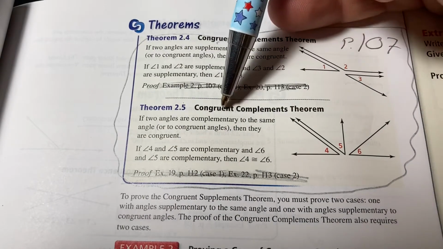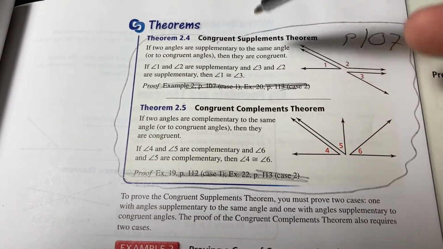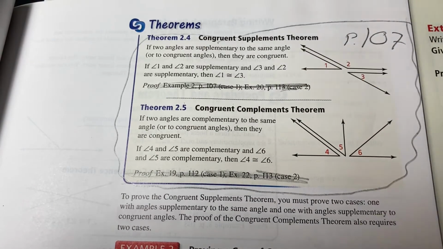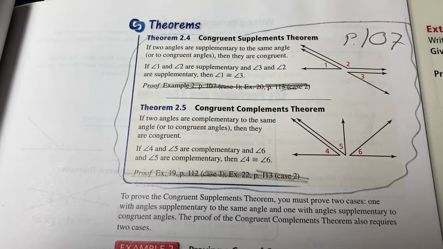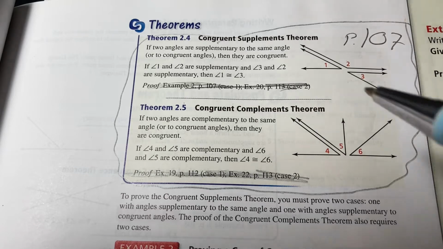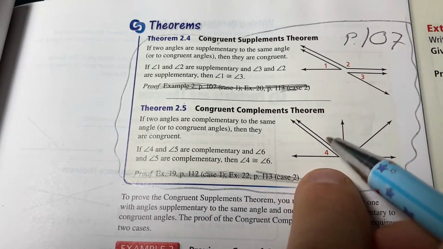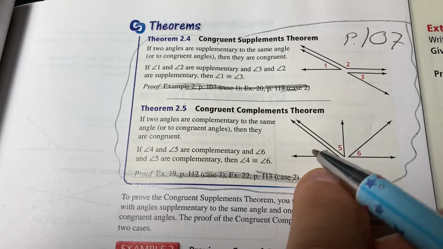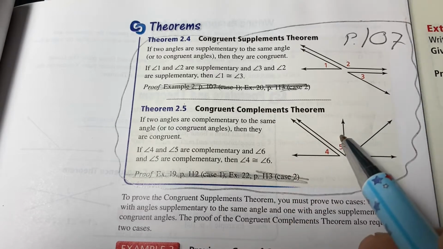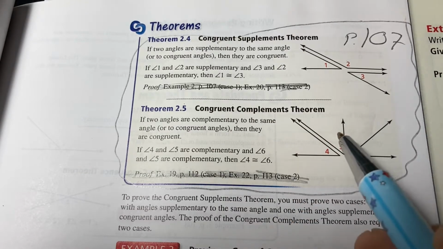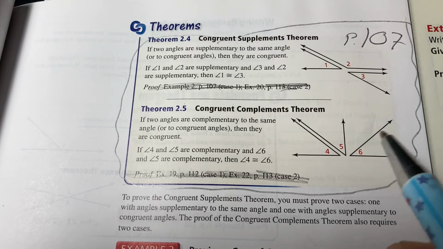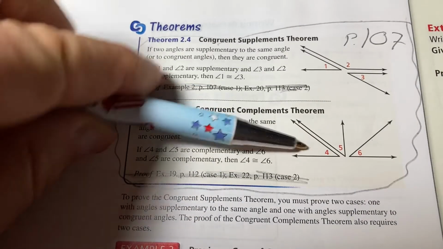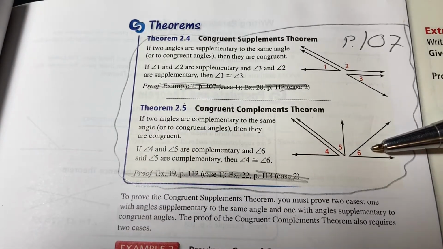Likewise, the same thing goes for the Congruent Complements Theorem. If two angles are complementary to the same angle, then they are congruent. If these two angles add up to 90 degrees, and these two angles add up to 90 degrees, then this angle has to be congruent to that angle.